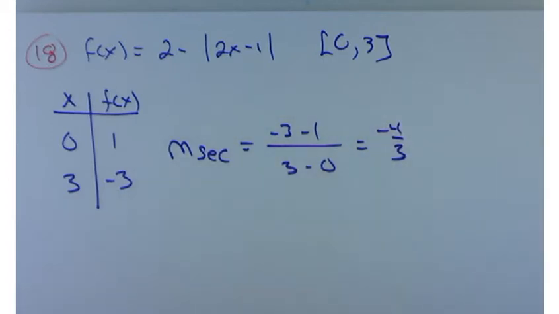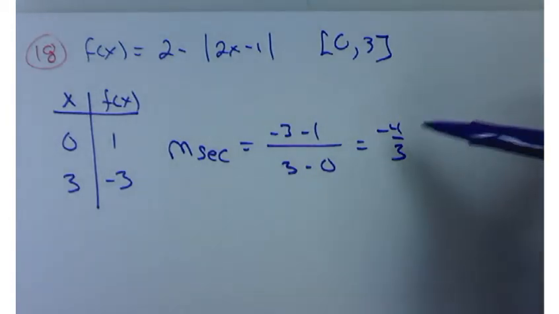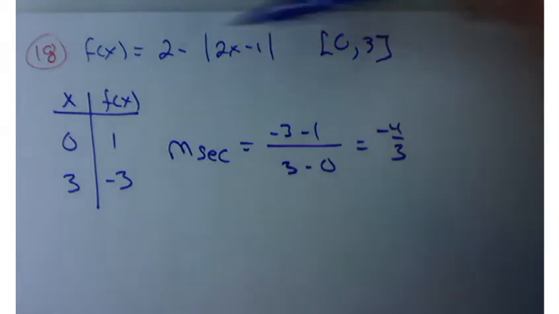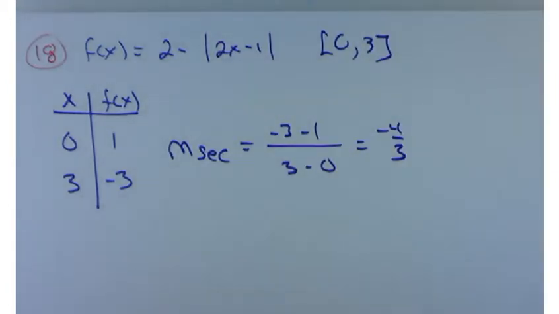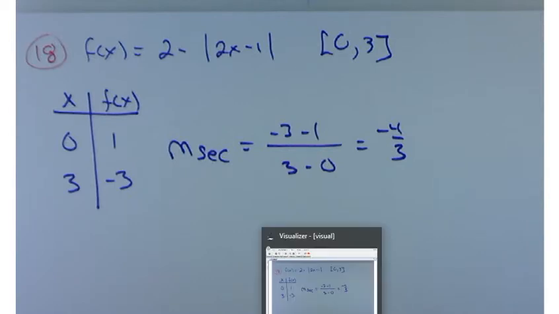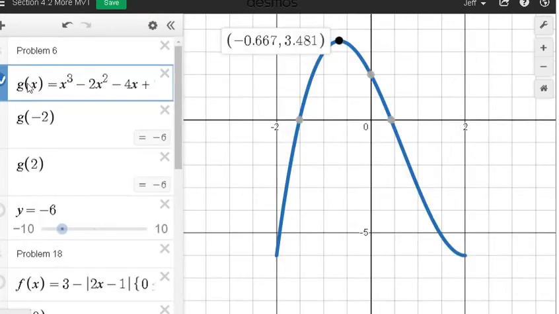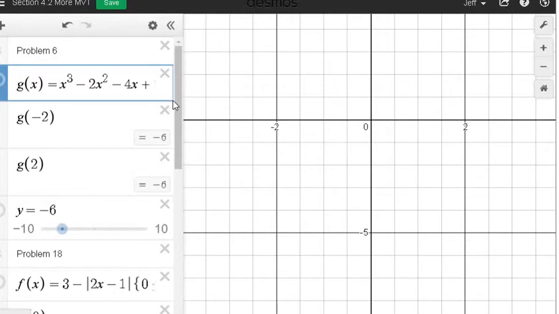Now, why aren't we going to be able to find a point to the tangent line, or a tangent line with a slope of negative 4 thirds? Well, it is an absolute value. Let's take a look at the graph, and maybe the graph will help jog your memory a little bit. So I'm going to go over to this one.